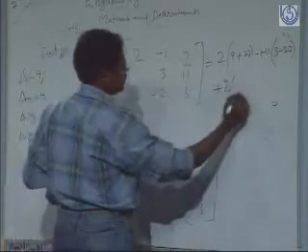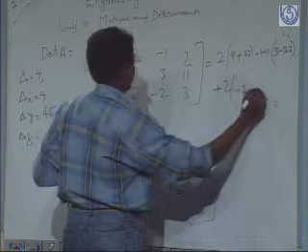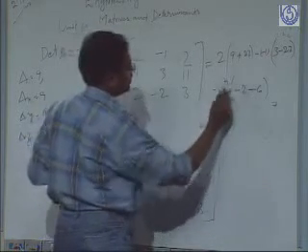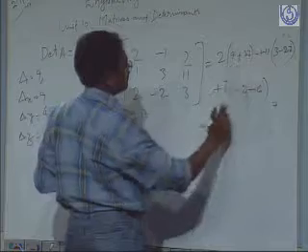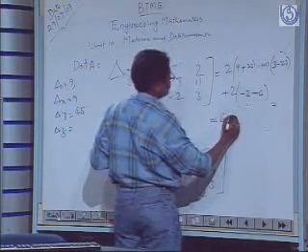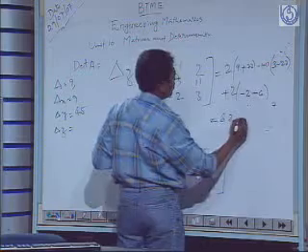So we are getting 2 minus 2 minus 6. So how much is the value? 22 is 9, so 31 plus 31 2s are 62.